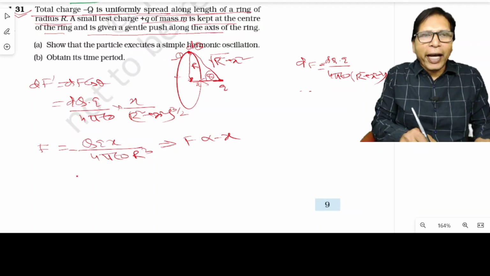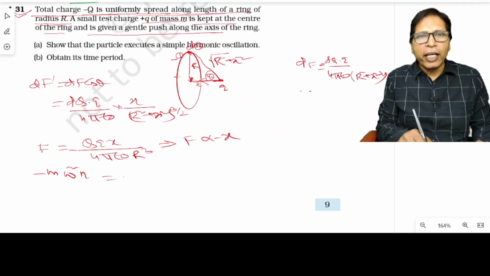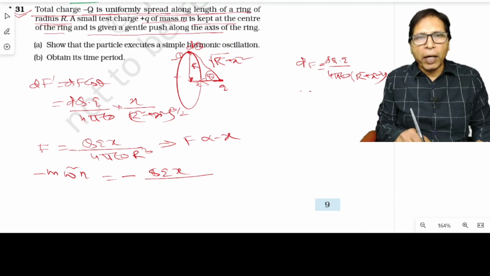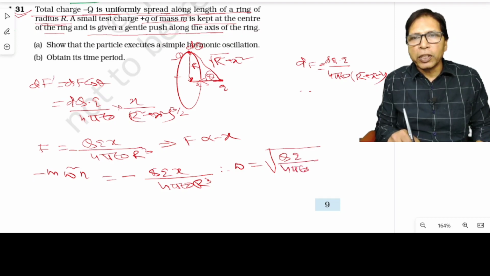If omega is the angular frequency, then m omega square x equals minus capital Q small q x divided by 4 pi epsilon naught r cube. Therefore omega equals root under of capital Q small q divided by 4 pi epsilon naught m r cube.